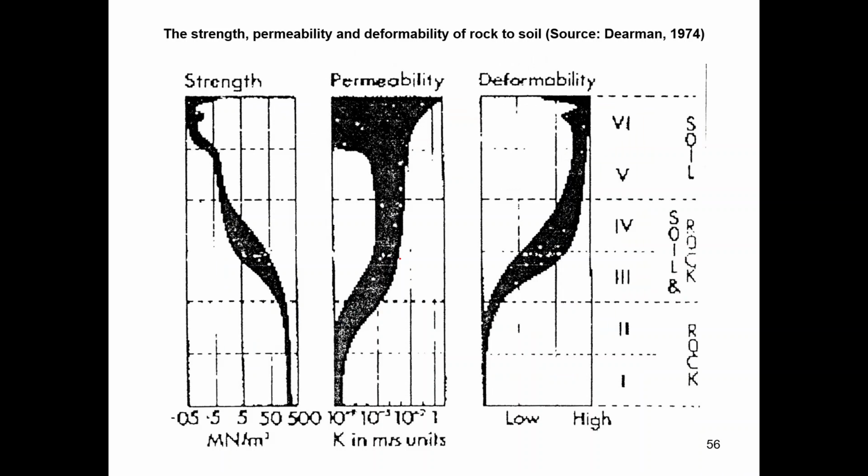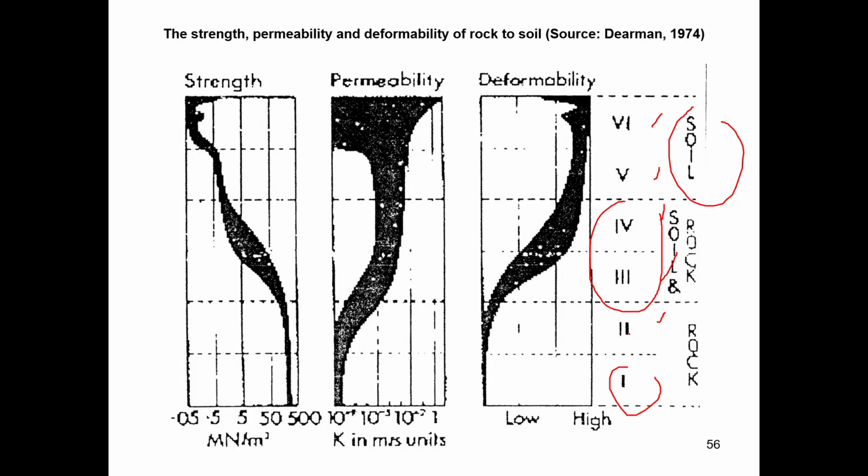So normally, in terms of strength, permeability, and deformability, if we have weathering grade 1, 2, 3, 4, 5, 6, normally 5 and 6 are considered as soil. Grades 4 and 3 are characterized as soil-like rock or rock-like soil.